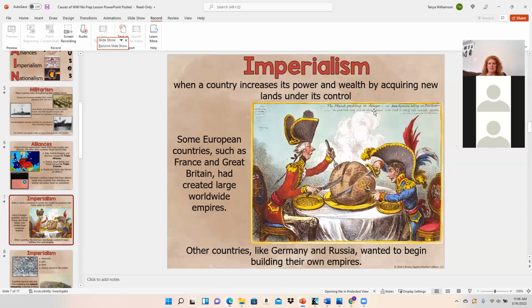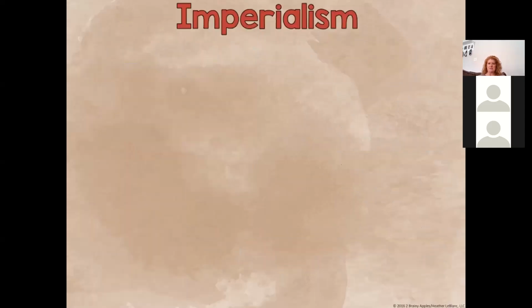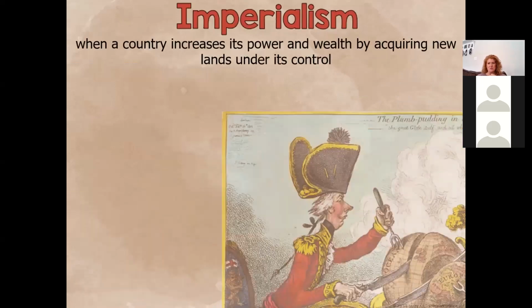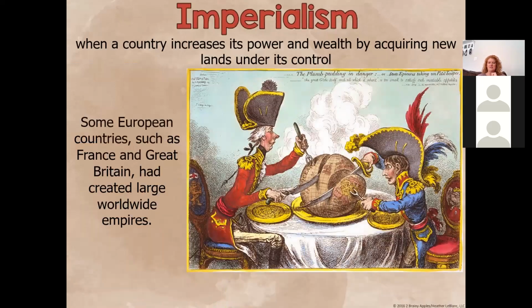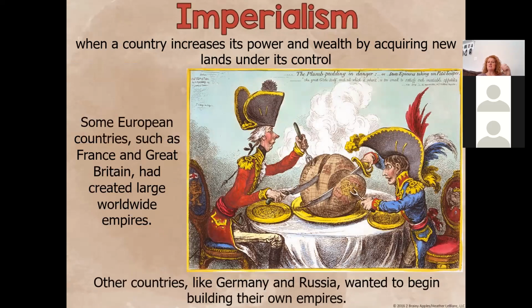All right, so now back to these causes. The next one was imperialism, which we focused an entire lesson on last week. When a country increases its power and wealth by acquiring new lands under its control.